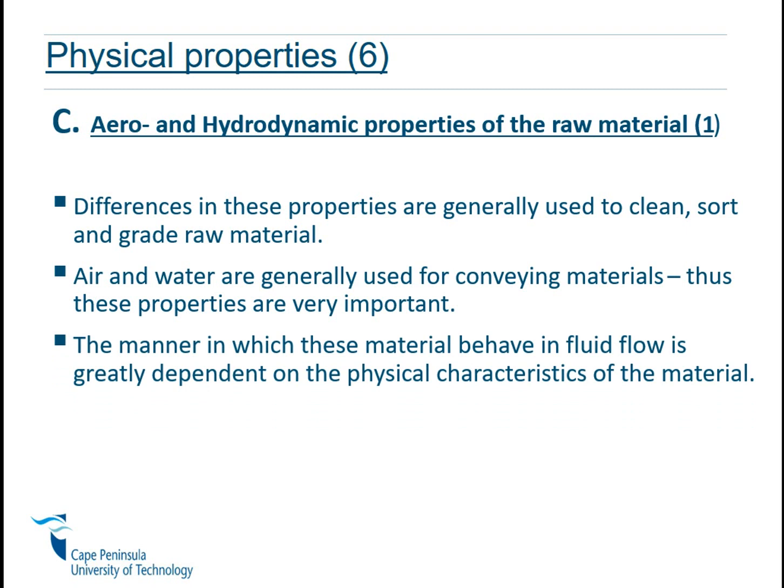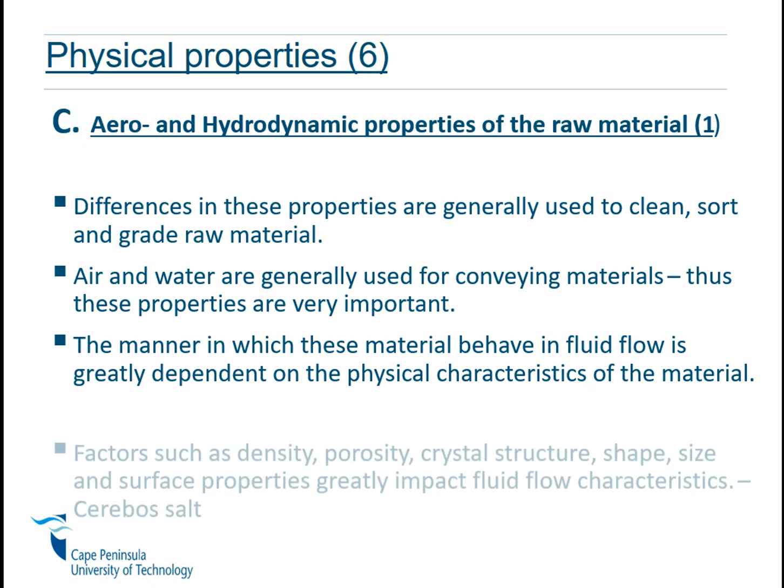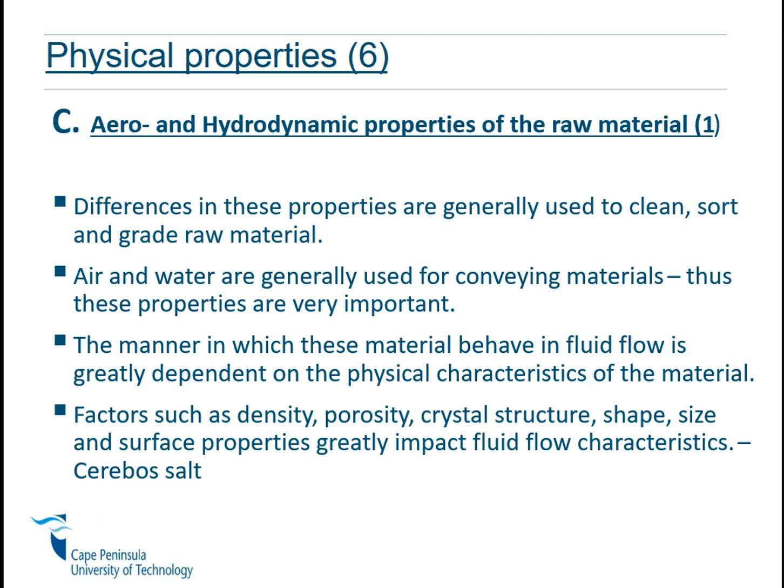The manner in which these materials behave in fluid flow is greatly dependent on the physical characteristics of the material. So if we are looking to exploit the aero and hydrodynamic properties of the raw materials, you need to take factors such as the density of your material, the porosity, the crystal structure into consideration, and the surface properties, which are greatly impacted by the fluid flow characteristics. Right.